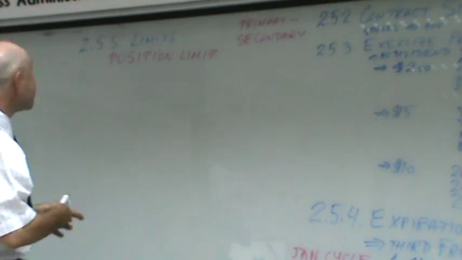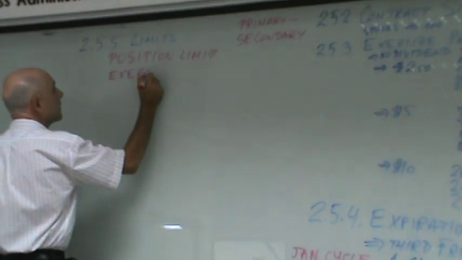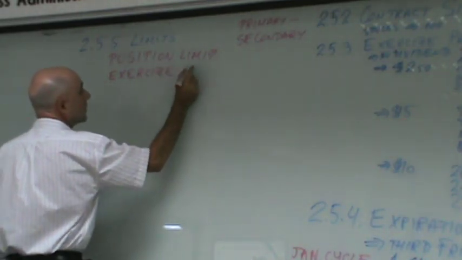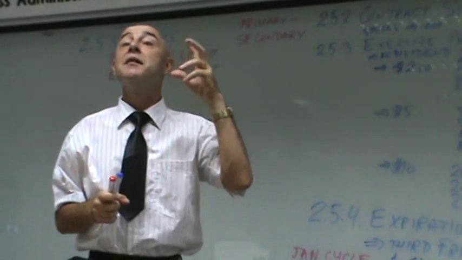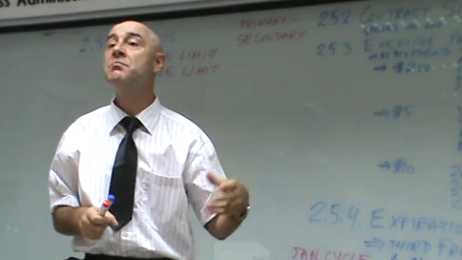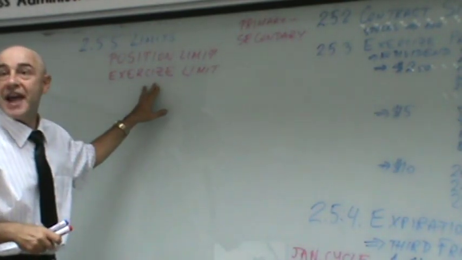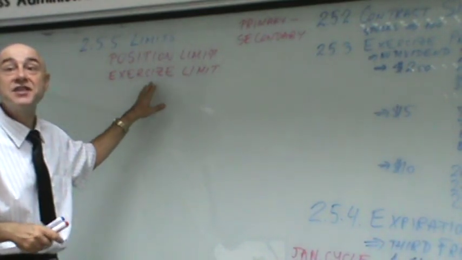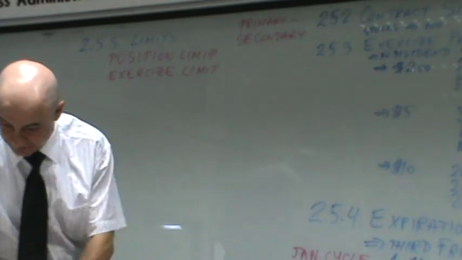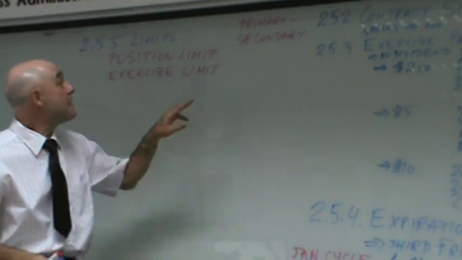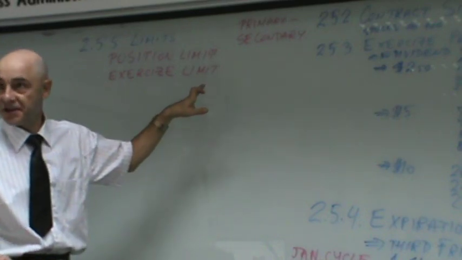Then we have the exercise limit. The exercise limit is the maximum number of contracts which an entity can exercise within 5 consecutive business days.